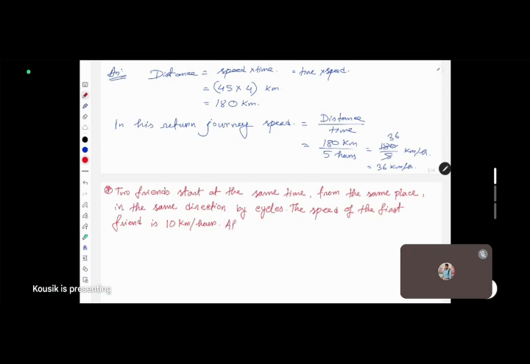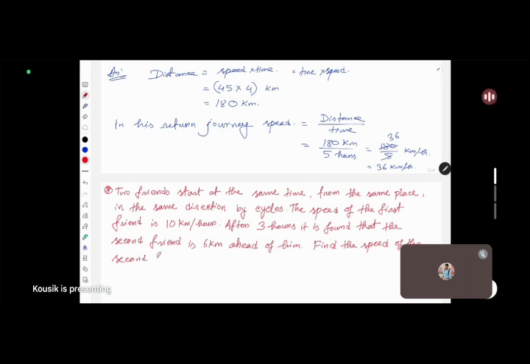After 3 hours, it is found that the second friend is 6 kilometers ahead of him. Find the speed of the second friend.